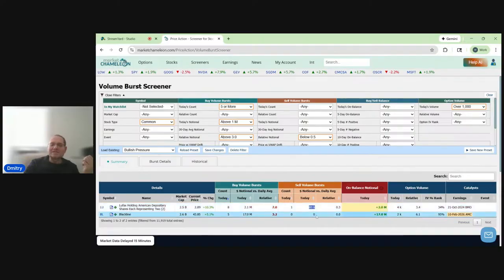So what we want to see is not a lot on the sell side, but repeat volume bursts on the buy side. The idea is we don't see a large institution or big volume trades happening on the downticks, but we do see them repeating on the upticks.